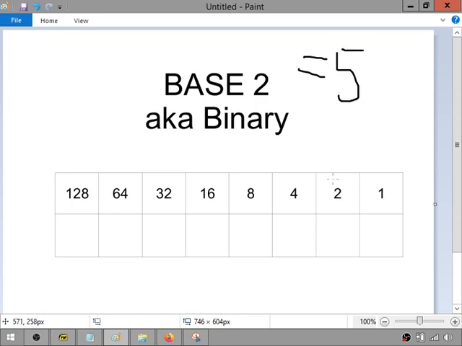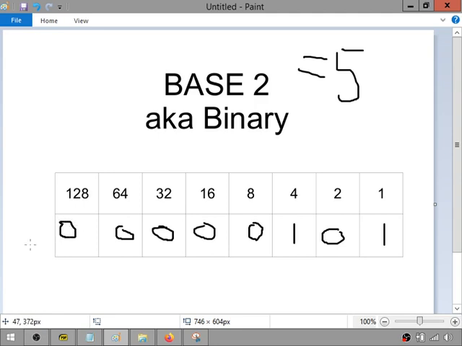The number 5 in binary. Well, we just find out which numbers in this list we need to make the number 5. And you might have correctly spotted that we need the number 4 and the number 1. So add those together, we get the number 5. Make the rest of them zeros. And there you have it. There is the number 5 in binary.